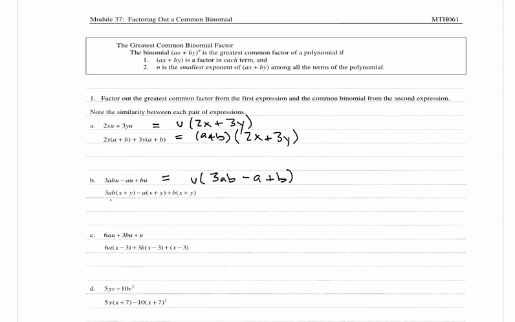And in our second expression in b, we have 3ab times (x + y) minus a times (x + y) plus b times (x + y). So we're going to factor out the binomial x + y, and we're going to be left with 3ab - a + b. So again, from our first expression in b to our second expression in b, u was replaced by x + y.